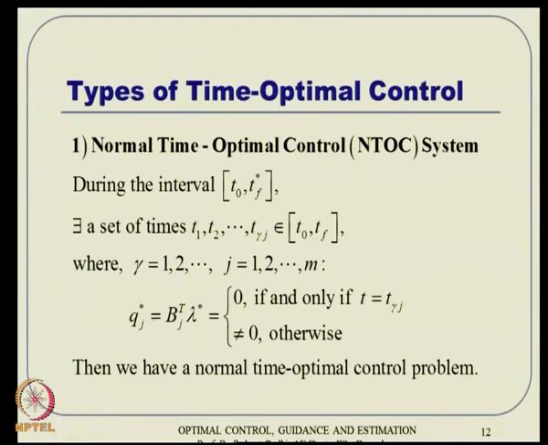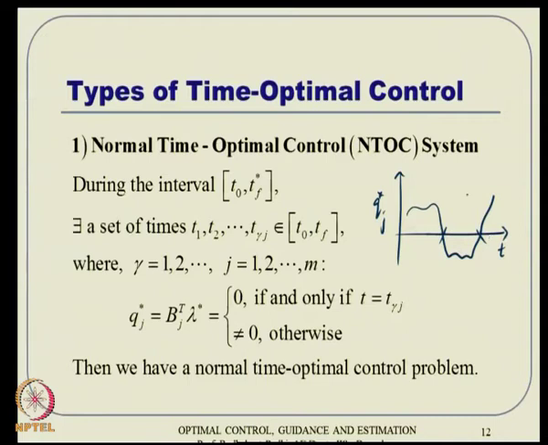Pictorially speaking, you have this time axis, and we are plotting this quantity qj star. If it is positive, but it changes, it will change at a discrete point only.